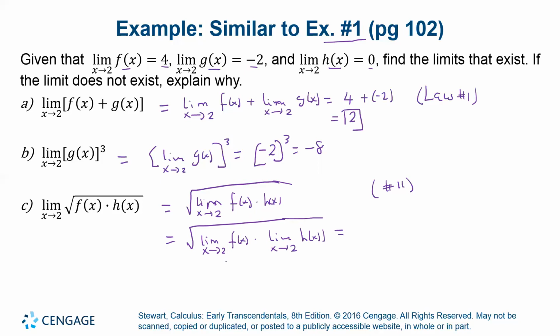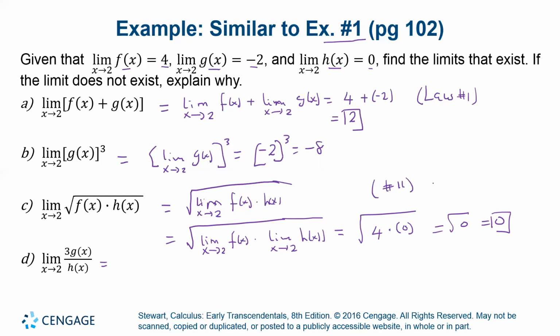Now, what is the limit as x approaches 2 for the function f? This is 4. Now 4 times 0, and so this is the square root of 0. So the answer is 0.